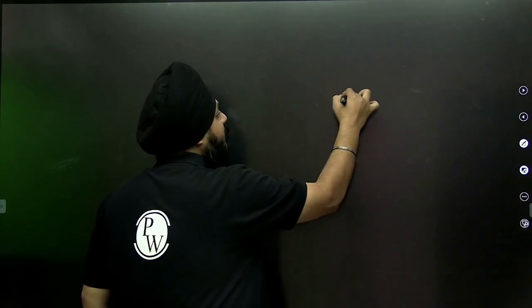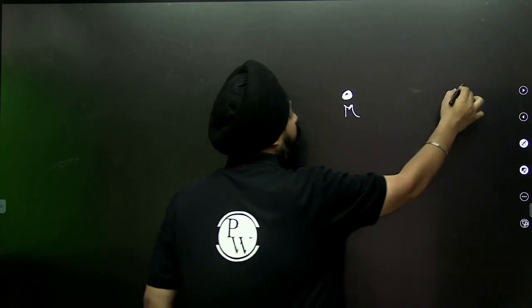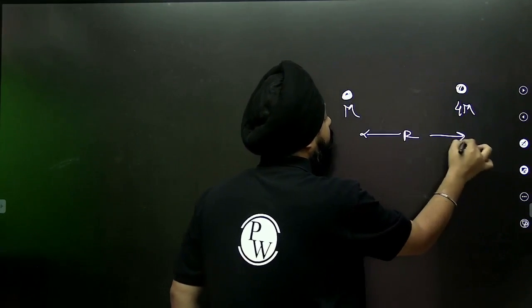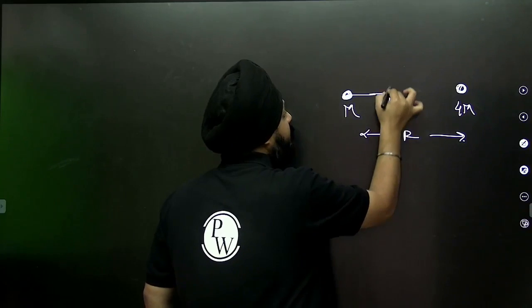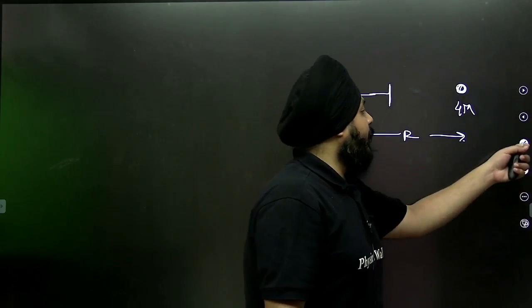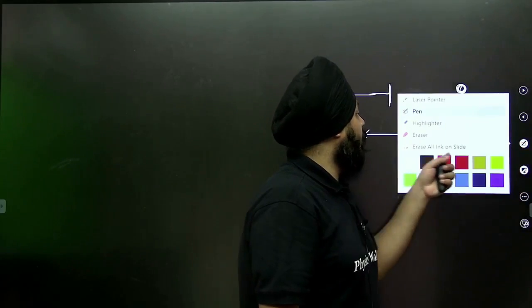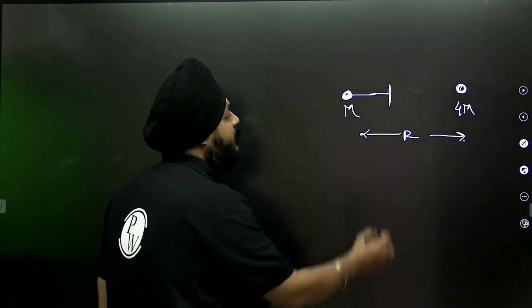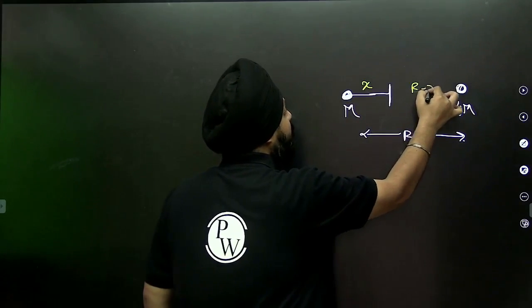Two masses M and 4M are kept separated by distance r. From what distance is the net potential 0? Suppose it is at distance x, and the other is r minus x.